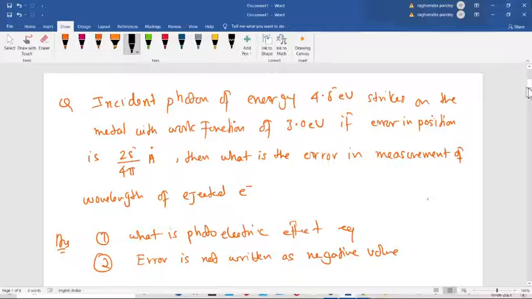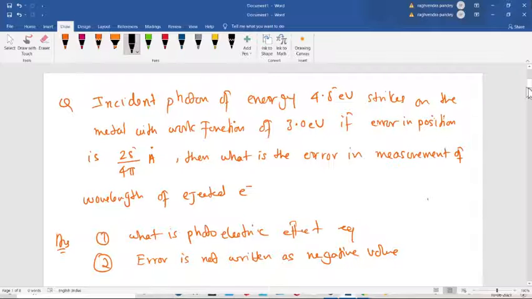Then you can write, what is our equation? We have to write delta E into delta T is equal to h upon 4 pi, and then we can write delta E is equal to 2v into delta v. This I think you understand very clearly. So delta E I can write 2v delta v into delta T is equal to h upon 4 pi.